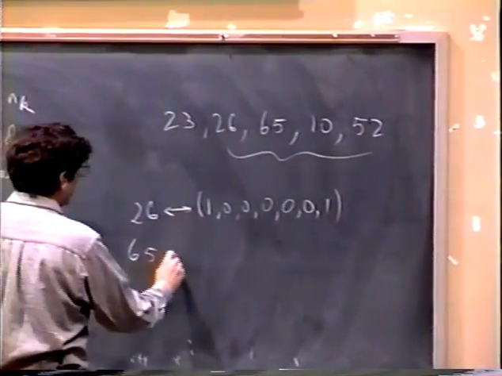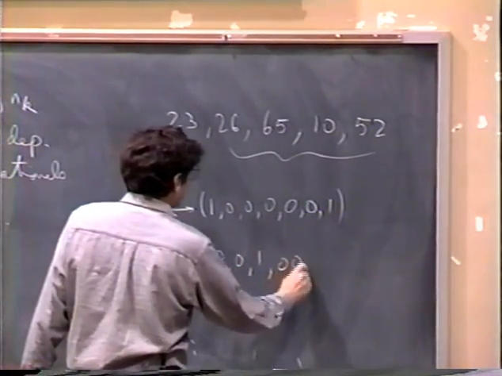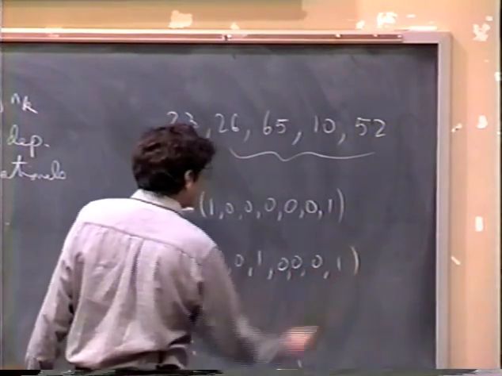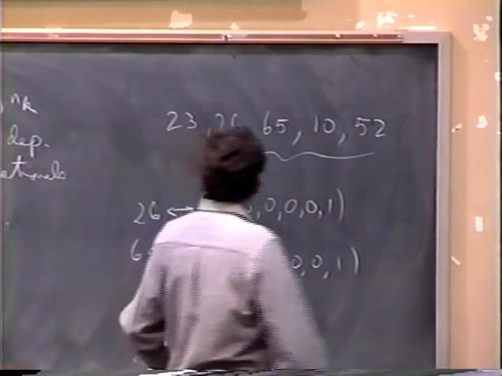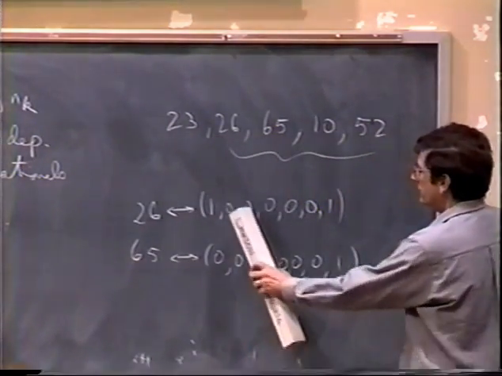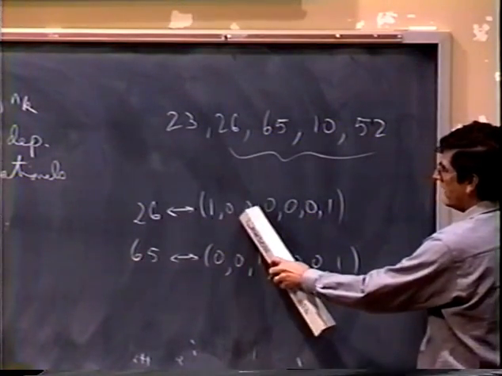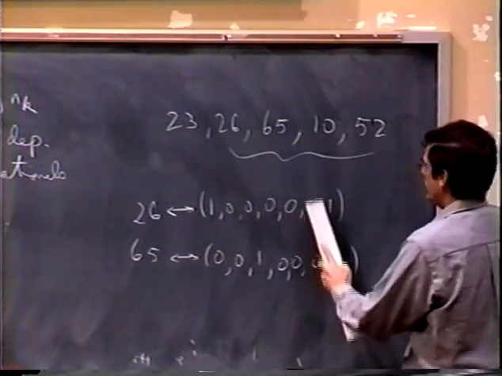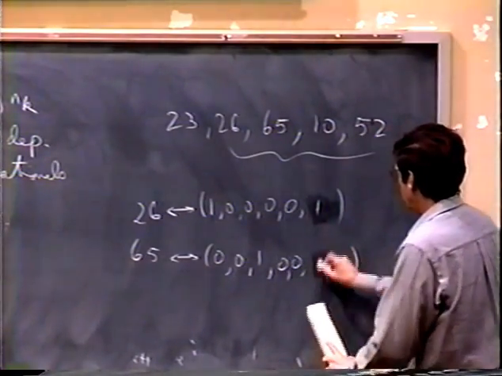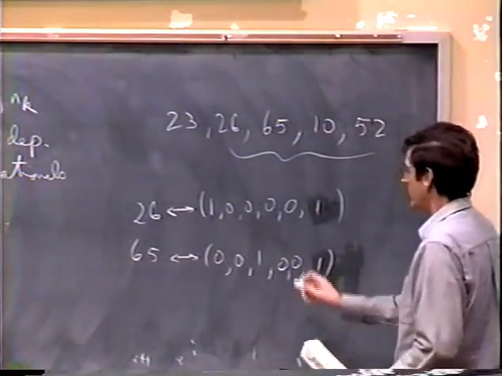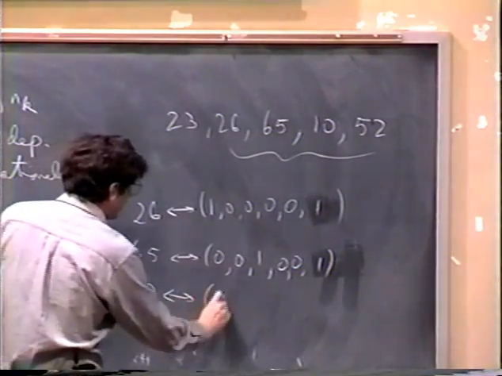And 65 will be 0, 0, 1, 0, 0, 0. Might have too many zeros here. This 1 is supposed to correspond to 2, 3, 5, 7, 11. Too many zeros. I'll try to explain this better in a second, and maybe it'll become clear as I write these down.